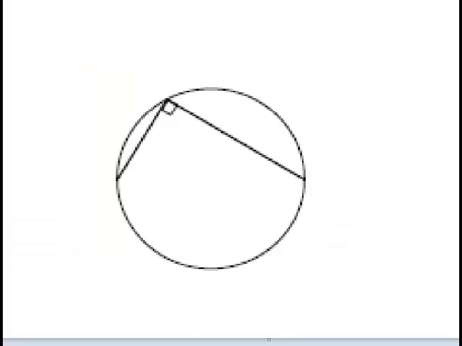Okay, here is our inscribed angle. And let's draw a line going all the way across the circle. And let's assume that this is a semicircle. This whole thing going all the way around is a semicircle, and which, of course, means that this also has to be a semicircle.